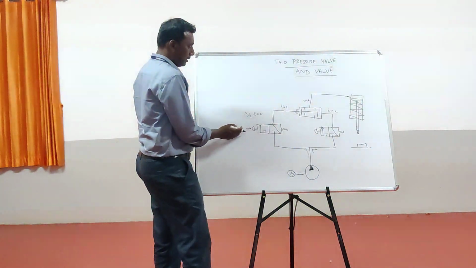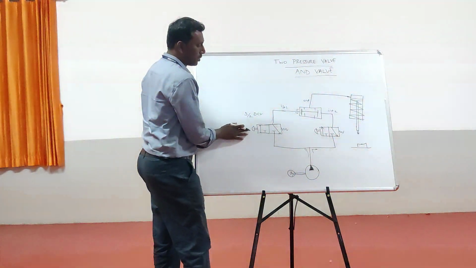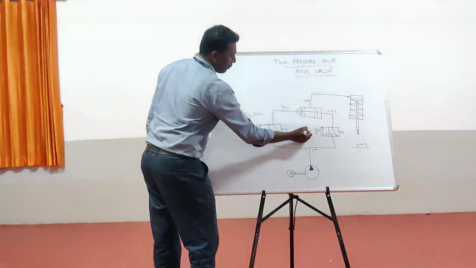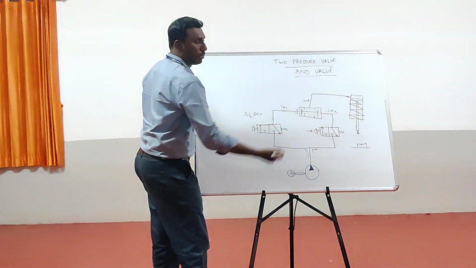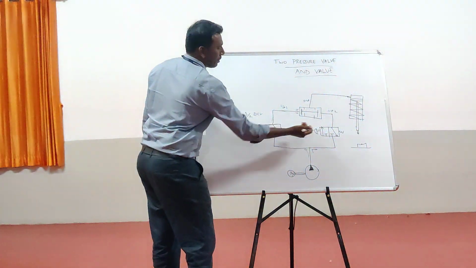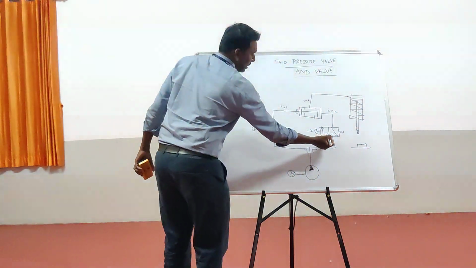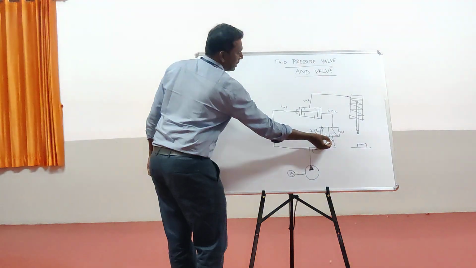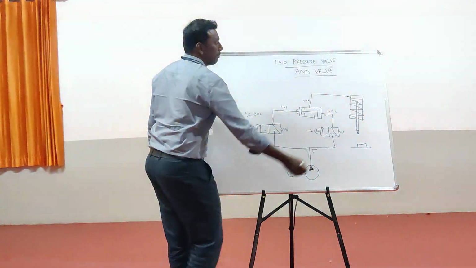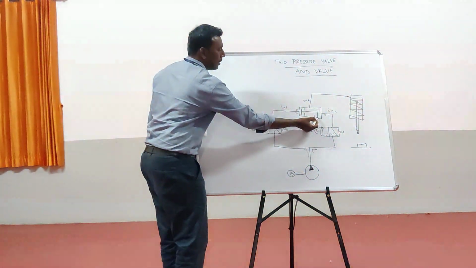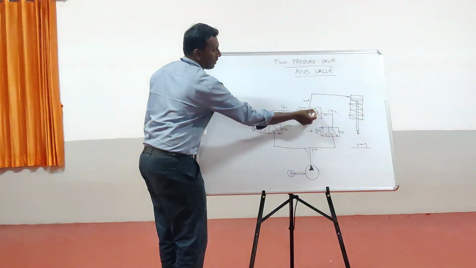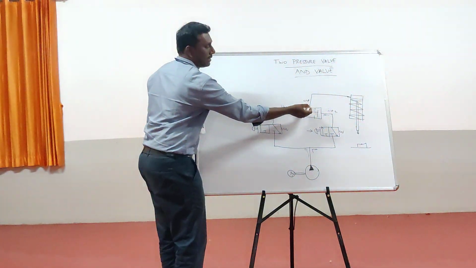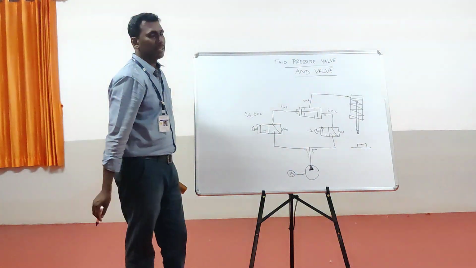Similarly, if I don't press this push button and only push the second push button, this position will disengage and this right position will engage, the fluid enters input 2, and the spool engages with the block, and the fluid does not enter, so the cylinder is not actuated.